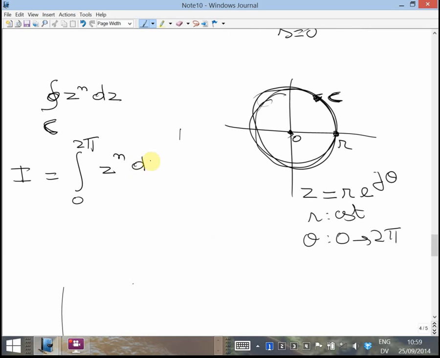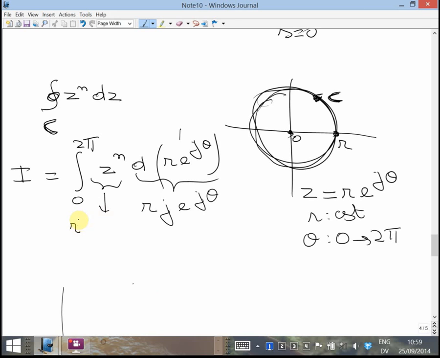Now z being parameterized by r exponential j theta, if theta is the variable, that means that dz is r j exponential j theta d theta, and z to the power of n is of course r to the power of n exponential j n theta.